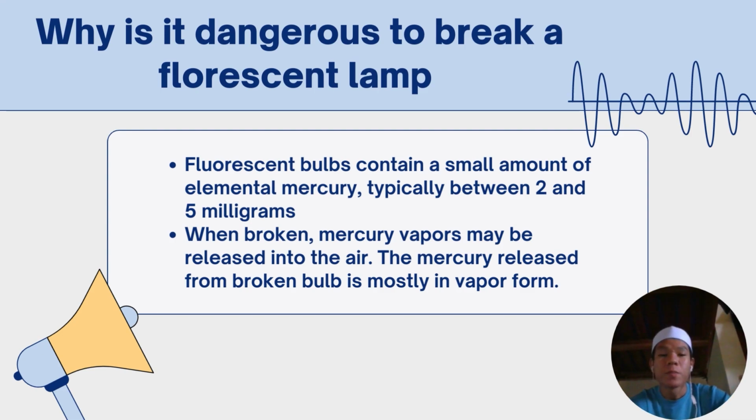A fluorescent bulb or lamp contains a small amount of elemental mercury, typically between 2 and 5 mg. So when the fluorescent lamp is broken, the mercury vapor may be released into the air. The mercury released from a broken bulb is mostly in vapor form, and this is also called mercury exposure.